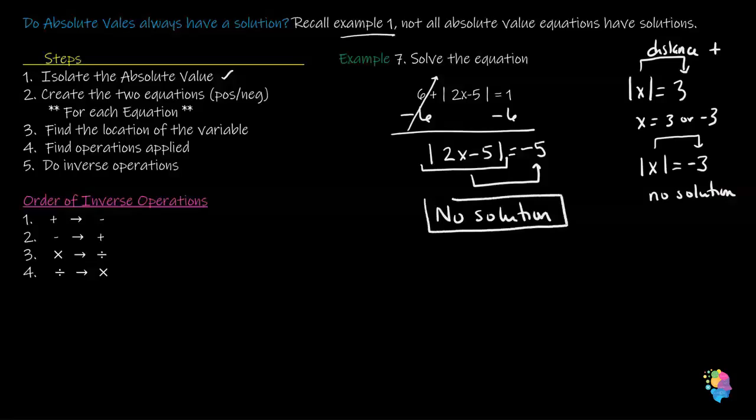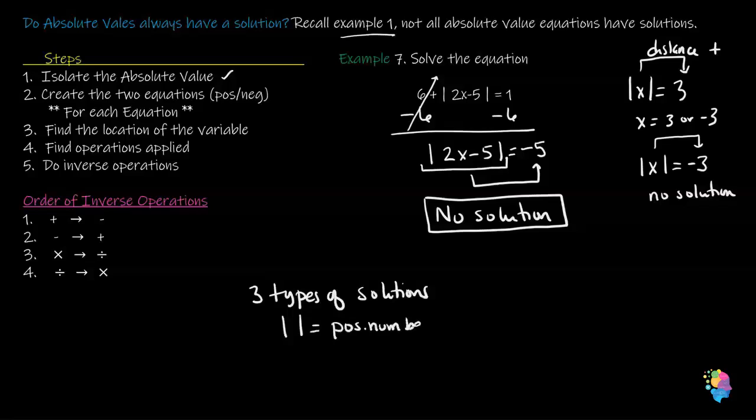So let's recap. Okay. The 3 types of solutions. If your absolute value equals a positive number, you're going to have 2 solutions.